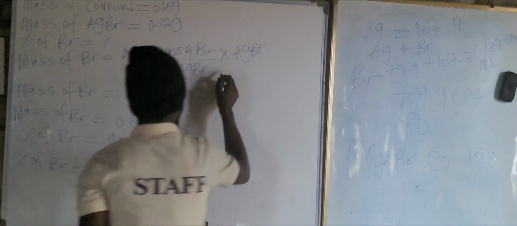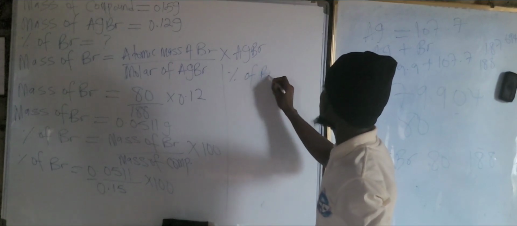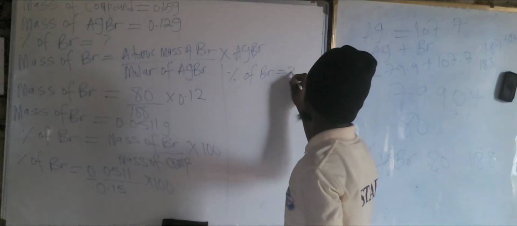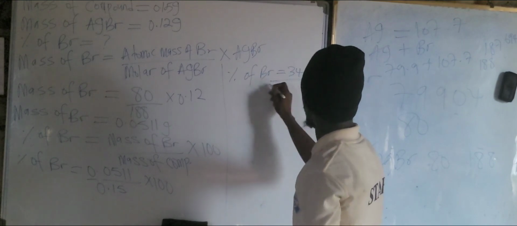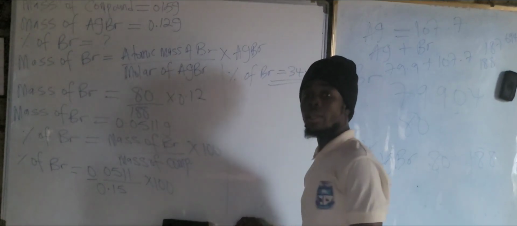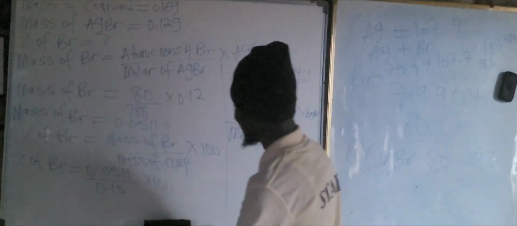So the percentage of bromine is 34.1%, right? That is all that you are asked to find. That's what they wanted. Good. So we move.